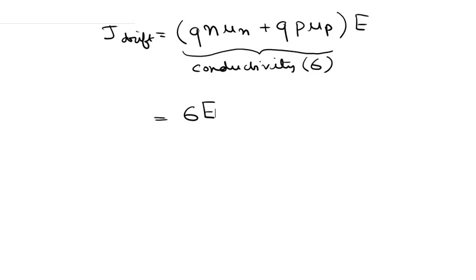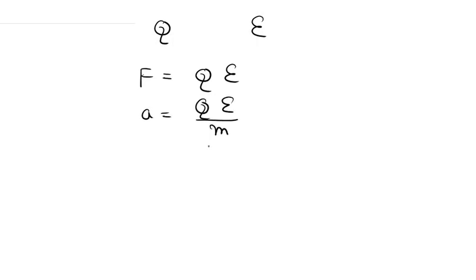If I have a charge q and the electric field E, then the force on the charged particle is F equal to q times E, and the acceleration is q times E divided by the mass, so it has a constant acceleration, and if it starts from zero velocity, it would accelerate until infinite velocity is reached.